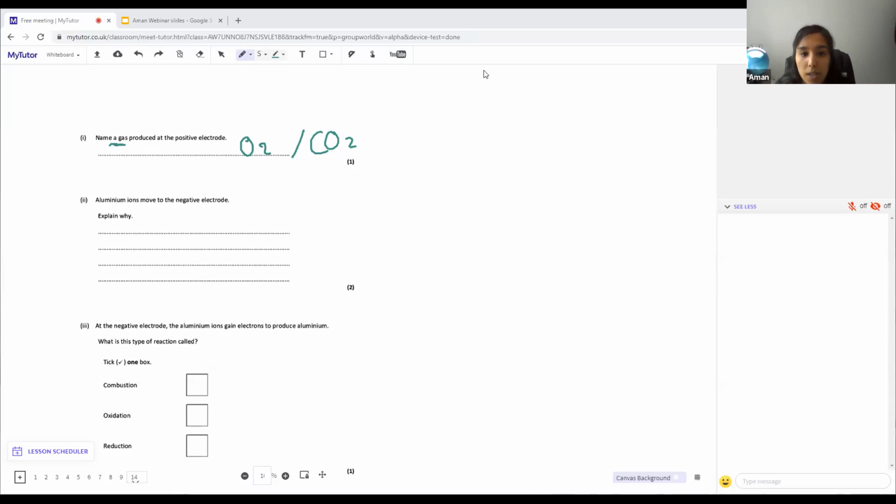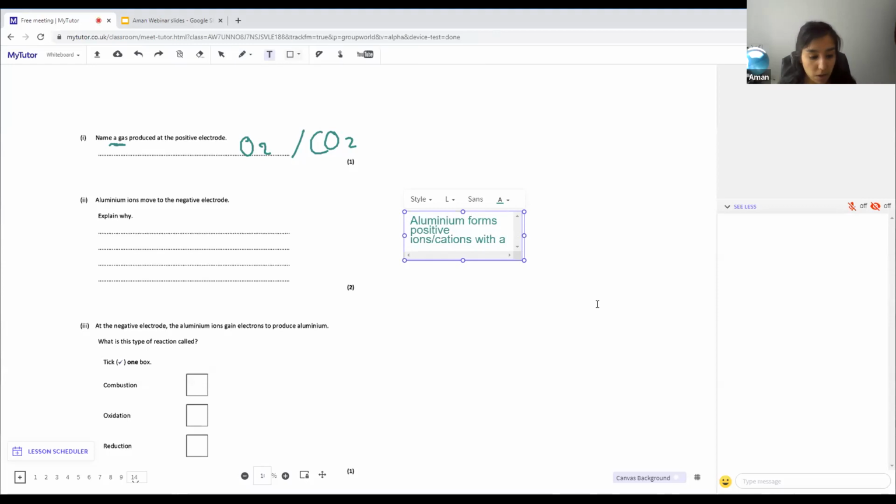Okay, so why does aluminium go to the negative electrode? Good, okay. So people are saying aluminium forms positive ions and positive ions are attracted to negative electrodes. Yep, I like that answer. So I would say something like aluminium forms positive ions or cations with a 3+ charge.